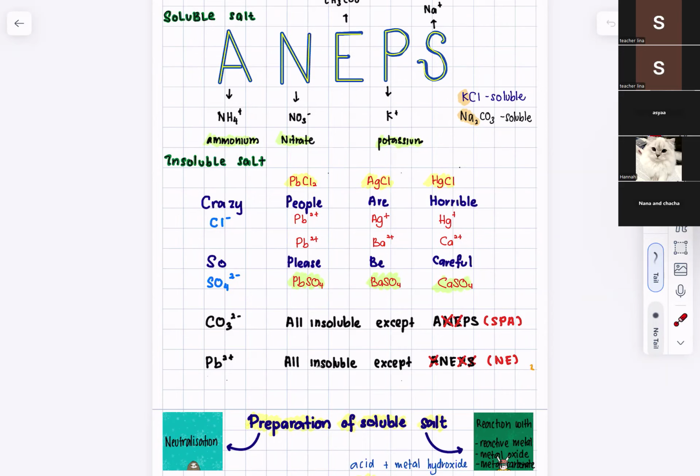Soluble. Okay. Silver chloride, soluble or insoluble? Soluble, I think. Okay, silver chloride is insoluble. Silver here, insoluble. Okay. Is it okay, Chacha? Yes.